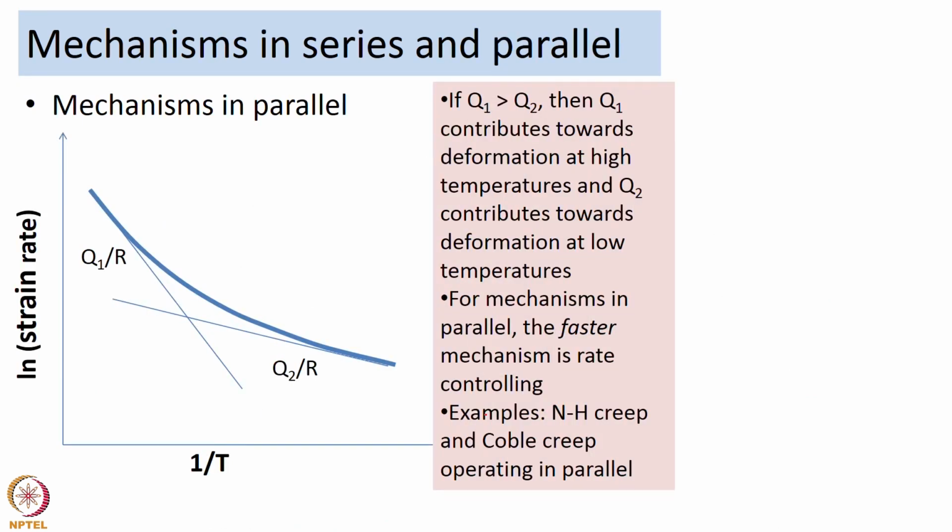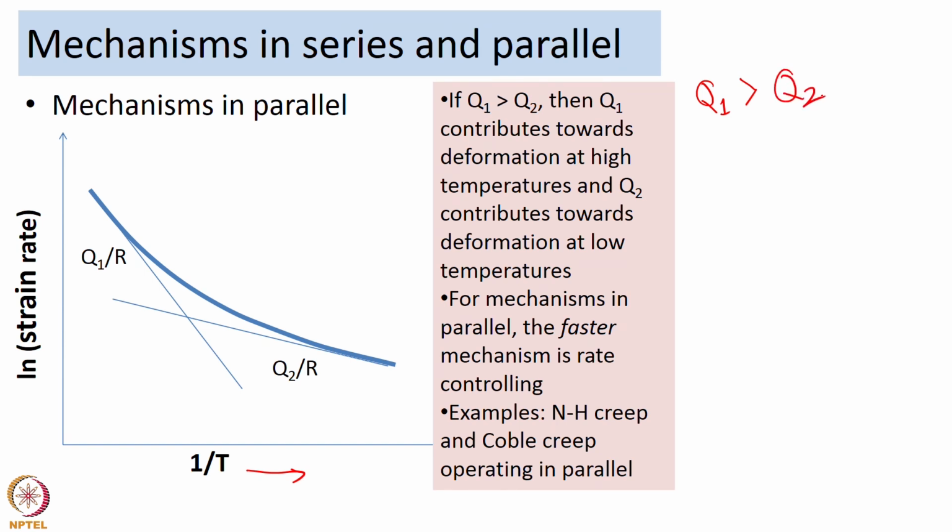Now, when you have two mechanisms operating in parallel, the Arrhenius plot will look like this. You have ln strain rate versus 1 over T, and say Q1 is greater than Q2. So, the activation energy corresponding to mechanism 1, which is Q1, is greater than the activation energy for mechanism 2, which is Q2.